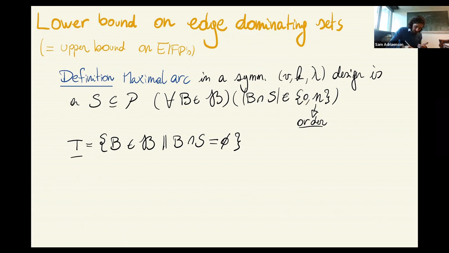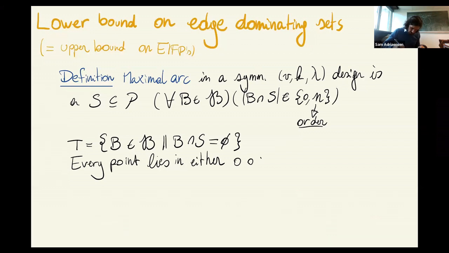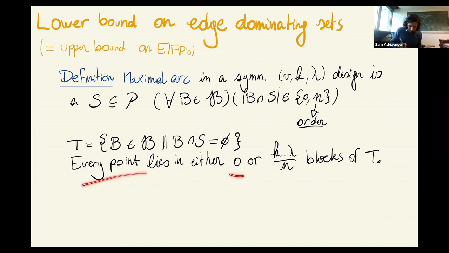So this means that if you take a point, then it lies in either 0 or, the order of the dual arc being (k minus lambda) over n, that many blocks of T. And the points lying in 0 blocks are, of course, the points of S themselves.